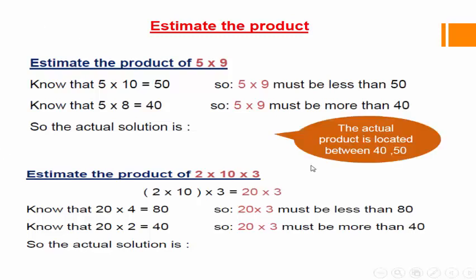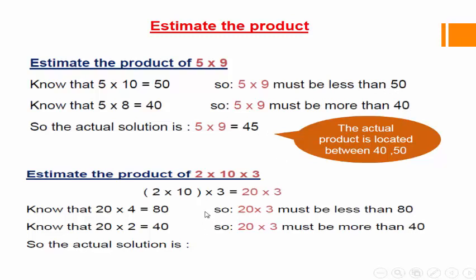So the actual product is located between 40 and 50. The actual solution is 5 times 9 is 45, and 45 is nearest to 40 and also nearest to 50.